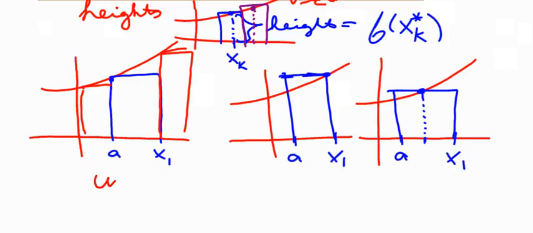So this would be an underestimation. In the right endpoints, if I was to draw all the other rectangles the same way, I would see I have nothing under the rectangle that's open, and I'm counting area above the function. So this one's going to be an overestimation.